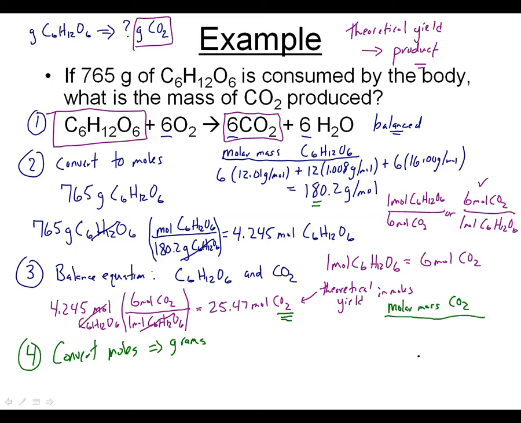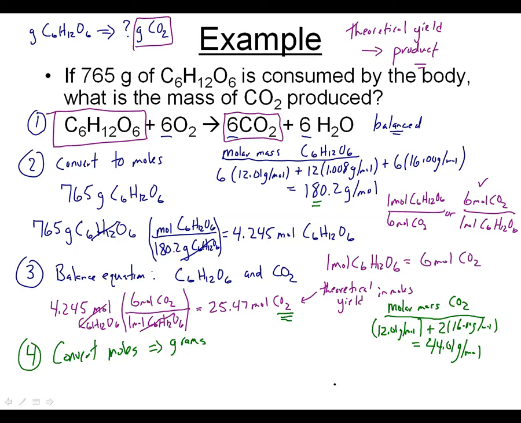And that is 12.01 grams per mole for the carbon, plus 2 times 16 grams per mole for the oxygen. And that will get you 44.01 grams per mole as the molar mass for our CO2.